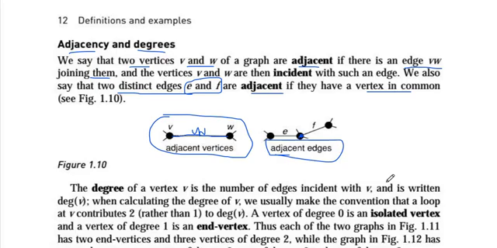So these three are also called adjacent edges with one another. So adjacent vertices and adjacent edges.